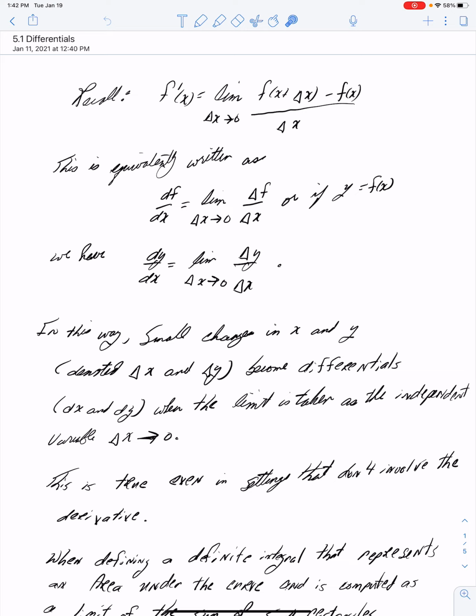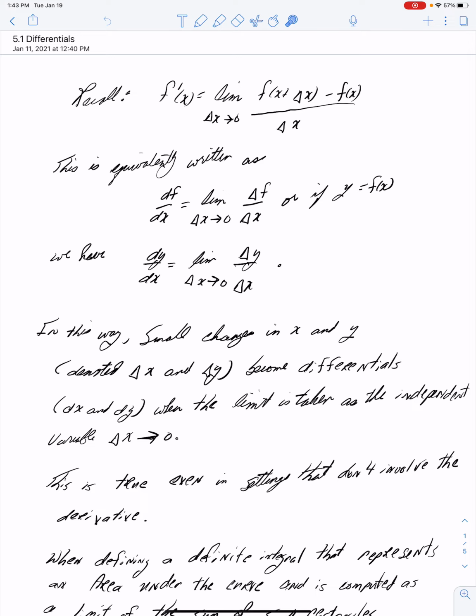Well, if you look at the top, f of x plus delta x minus f of x, if y is equal to f of x, then that's not anything but delta y. And if you think about what f prime of x is, another notation says what? It's df dx.